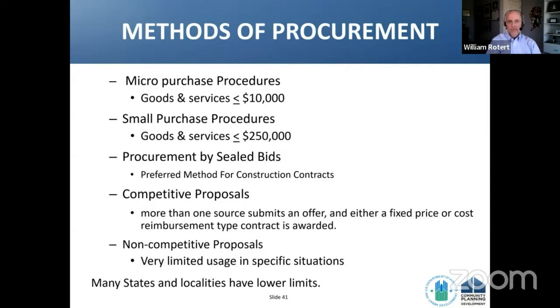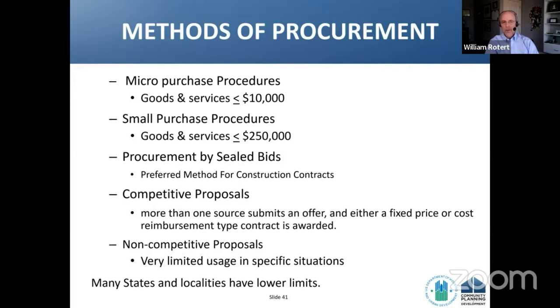One other thing, I live in the Midwest where frankly, these dollar figures are relatively high. I don't think most of the people in my part of the country think of a $9,000 purchase as a micro purchase or a $250,000 purchase as a small purchase. The rules are that you can always adopt rules that are stricter than the federal requirements.